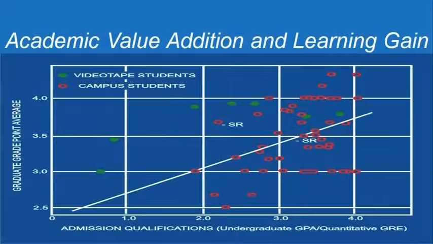So that is the videotape students. And what I see here in the green dots is their performance. How do I see the performance?